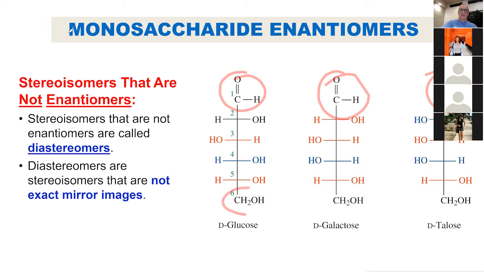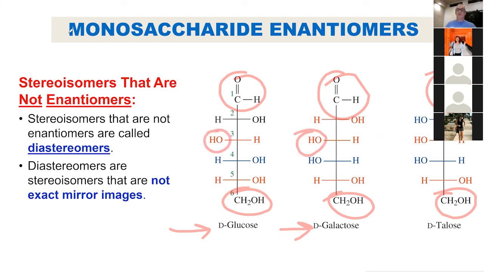They all have a primary alcohol at carbon 6, but they're 3 different molecules. This one is glucose that we're familiar with. This is galactose. The only difference is the relative positions of the hydroxyl groups.